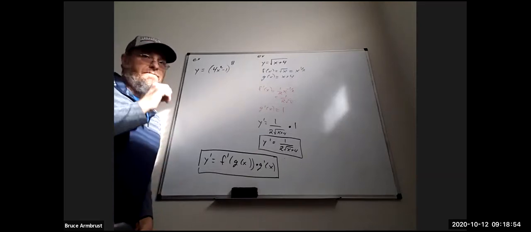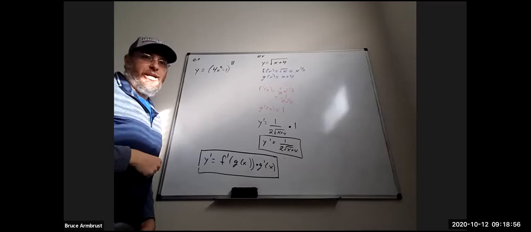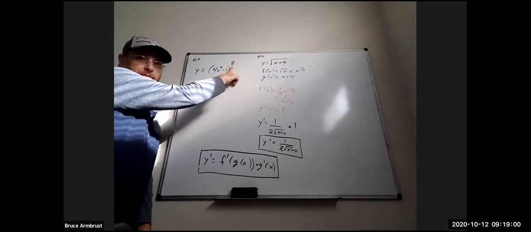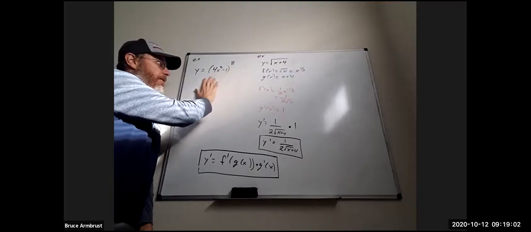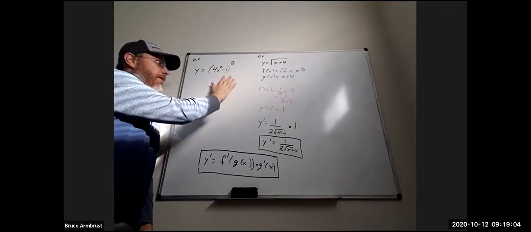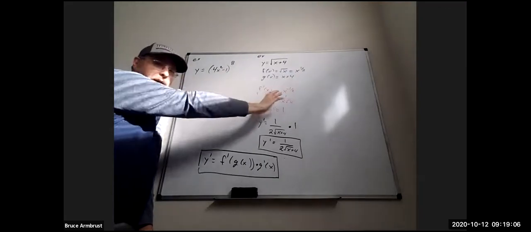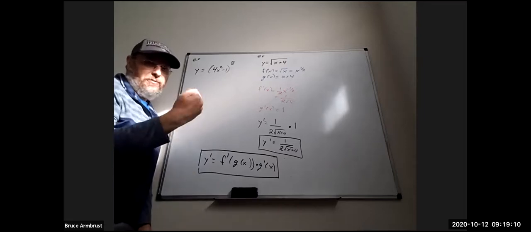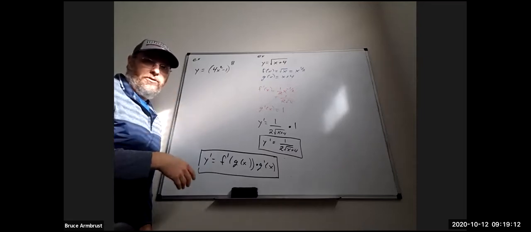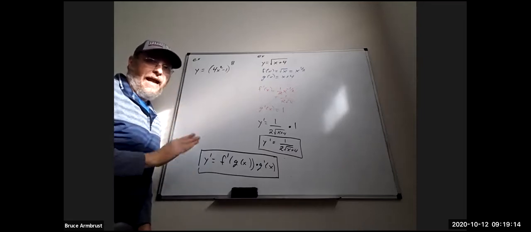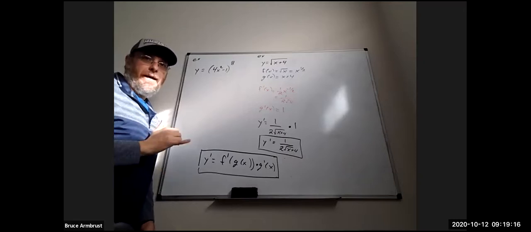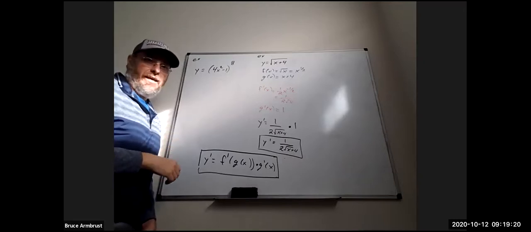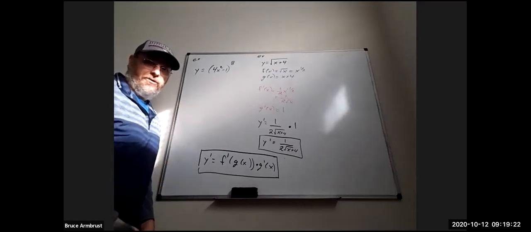First of all, we don't have to use the chain rule, because we could distribute this out. We could use the binomial expansion theorem, make this huge polynomial, and then differentiate each of those pieces using the power rule. But the chain rule is going to be way faster because we don't have to multiply everything out.